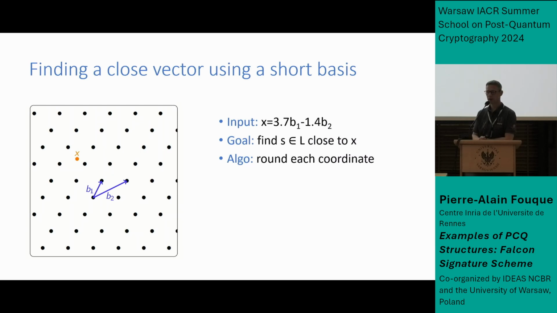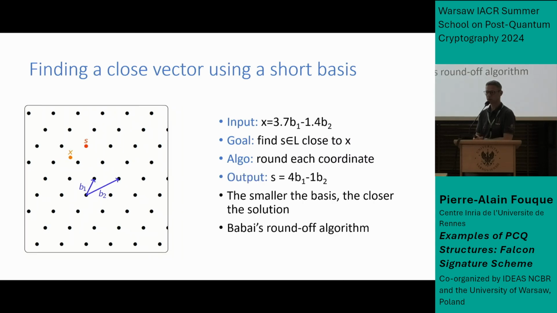The main idea is just to round each coordinate. Instead of decomposing 3.7, you just round the value to 4, and minus 1.4, you just round it to minus 1.